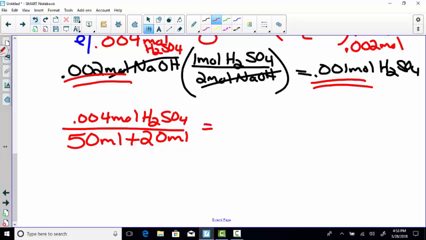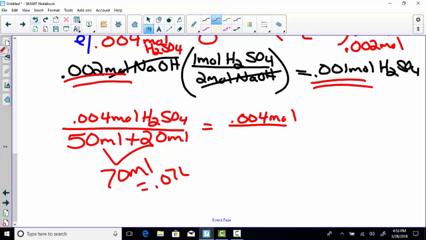So, to find the molarity, I need 0.004 moles divided by that 70 milliliters, which is 0.07 liters. Okay, and that's going to give me my molarity. And that molarity, if I did my math right, is 0.057 molar.